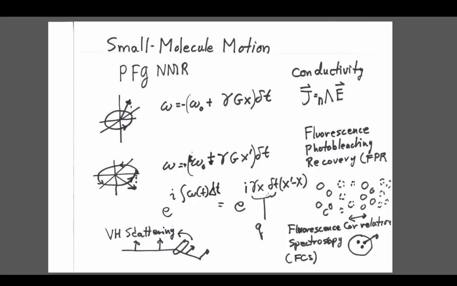Well, if you call gamma x delta t, I should have called it gamma g delta t. Sorry about that. Gamma g delta t. Remember, this is a chalk lecture, not a polished slide lecture. There's a gamma g delta t equal q, and there's a displacement.